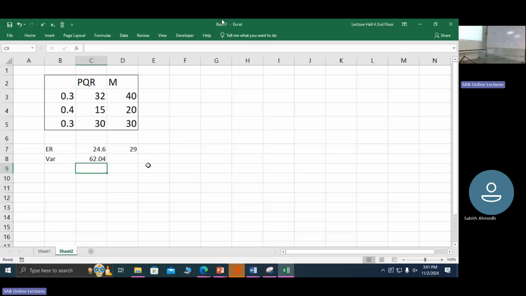Variance of PQR, as well as the variance for the market.